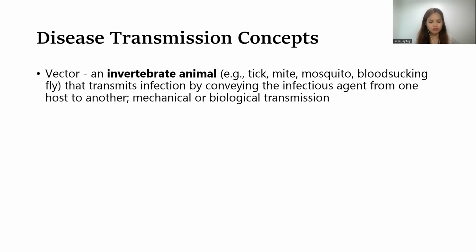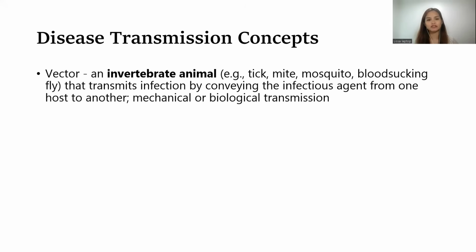Next is a vector. So this is just a review from last semester. A vector is an invertebrate animal such as a tick, mite, mosquito, blood-sucking fly that transmits infection by conveying the infectious agent from one host to another. It can be mechanical or biological transmission.